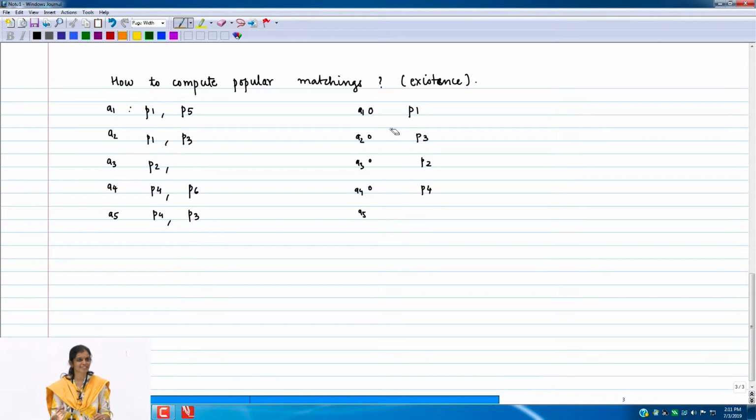You wanted to suggest some other matching anyway, so great. I will go with whatever is your suggestion. So what is your suggestion? Okay, A1 with P5, A2 with P1, A3 with P2, because there is no conflict here, and A5 with P3.